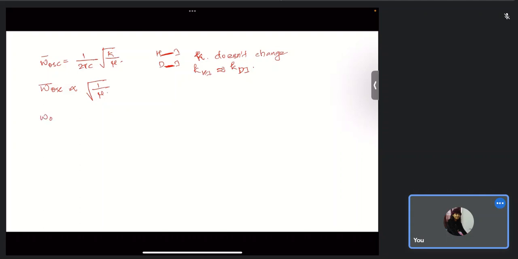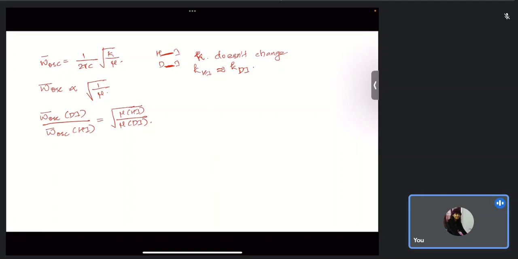So omega bar OSC for DI by omega bar OSC for HI is equal to root of mu of HI divided by mu of DI.